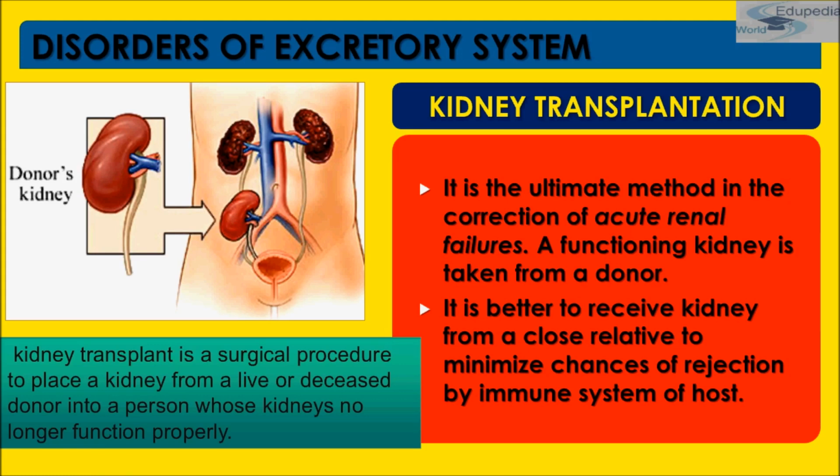But don't get deep into it. Just know that the diseased kidneys are not taken out from the body, but the new kidney is usually placed in a location different from the original kidney. Okay, and this is how kidney transplantation takes place.